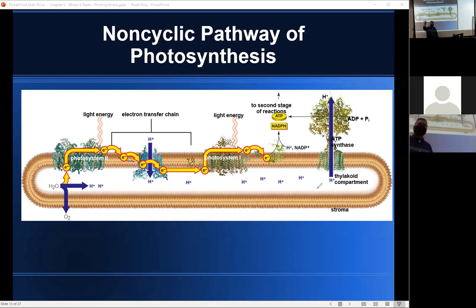There's 2 outer membranes and 1 inner membrane called the thylakoid membrane that's folded into stacks of discs. This is a cross-section of the thylakoid membrane. This is the inside of the thylakoid membrane. We call this the thylakoid compartment. Out here, this is the space between the thylakoid and the outer membranes. And you might remember, this is a fluid-filled space called the stroma.